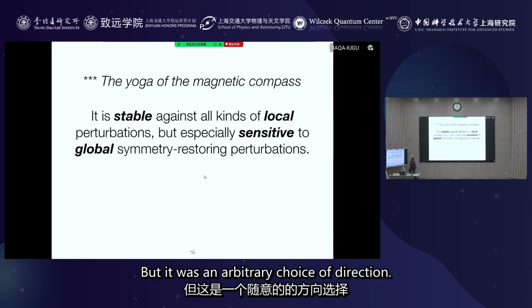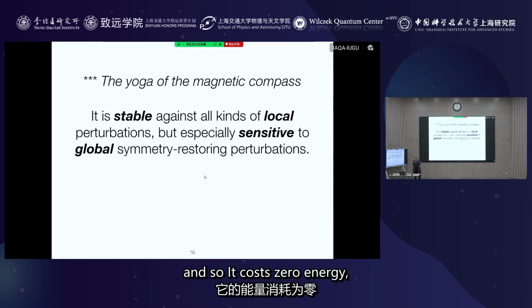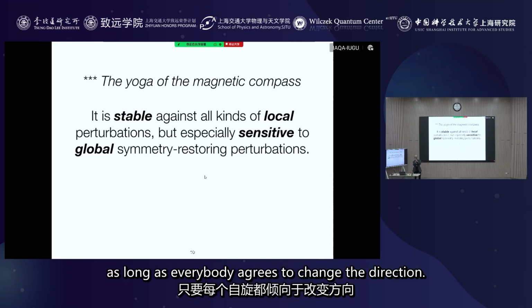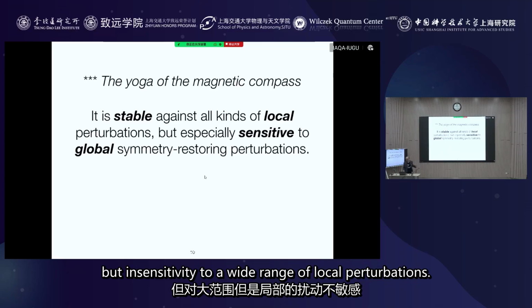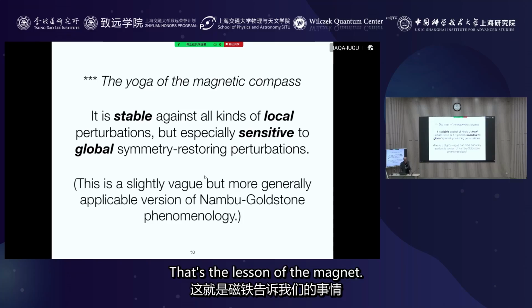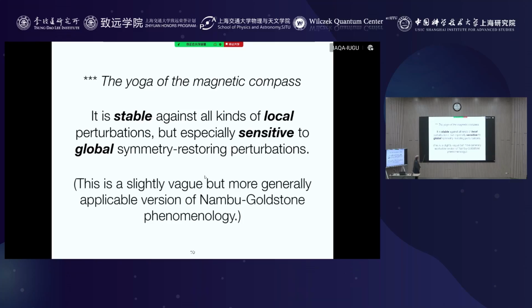But it was an arbitrary choice of direction, and so it costs zero energy, as long as everybody agrees, to change the direction. So you have sensitivity to this kind of global perturbation, but insensitivity to a wide range of local perturbations. That's the lesson of the magnet.